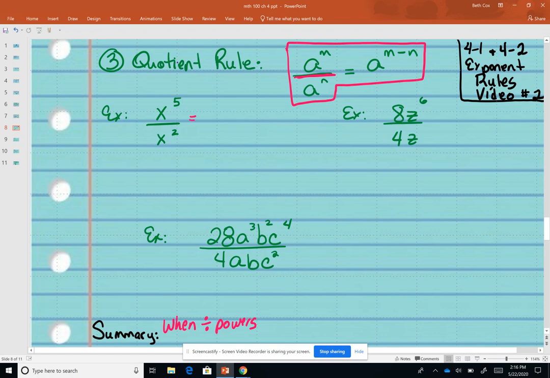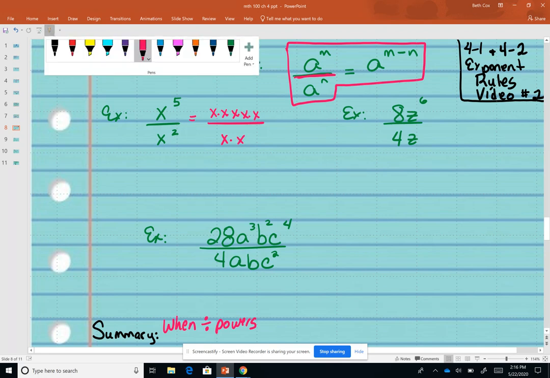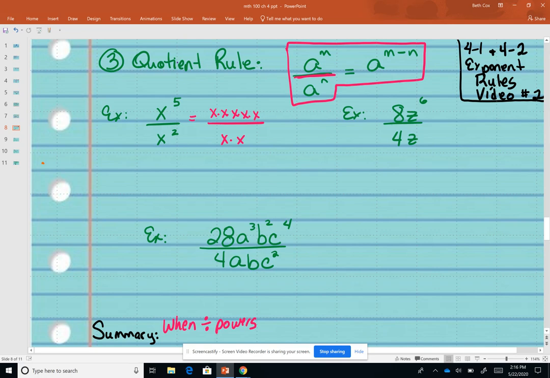So for this first example, I've got x to the fifth over x to the second. I know that x to the fifth is just 5 x's multiplied, and x to the second is just 2 x's multiplied. What you need to be reminded of is that there is a fraction association with numbers where when you have the same number on top of itself, it's 1.